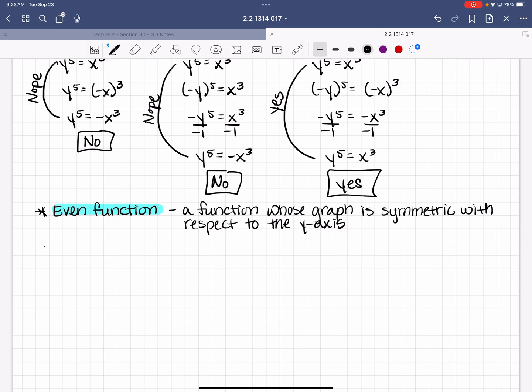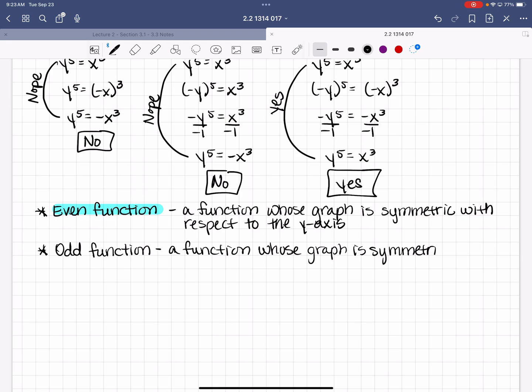Okay. Odd function is a function whose graph is symmetric with respect to the origin. Okay.